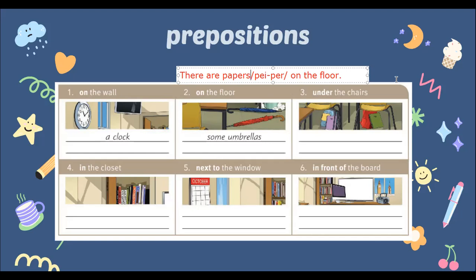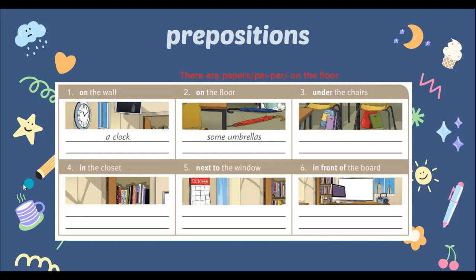We use a and an with singular. A book, an apple, singular, right? Now, papers is plural. What word, qué palabra vamos a usar con plurales? What word are we gonna use with plurals?